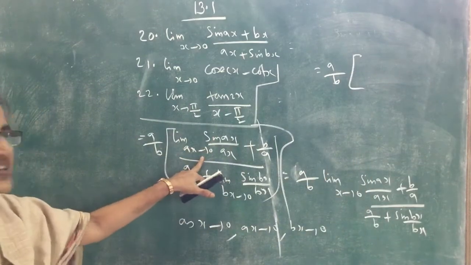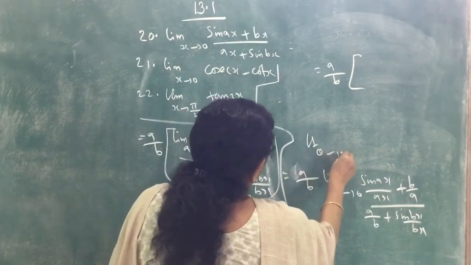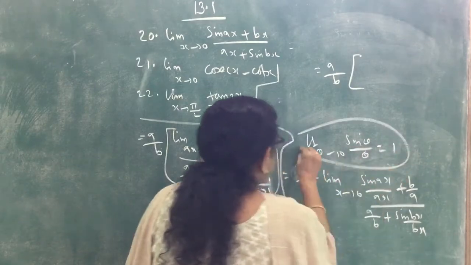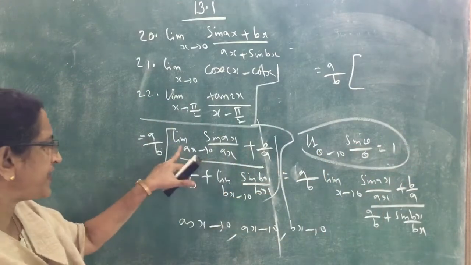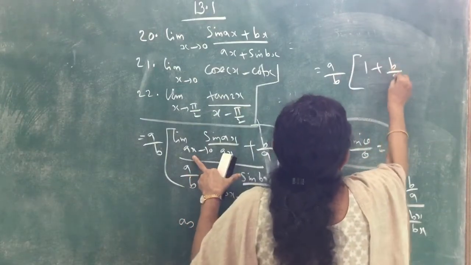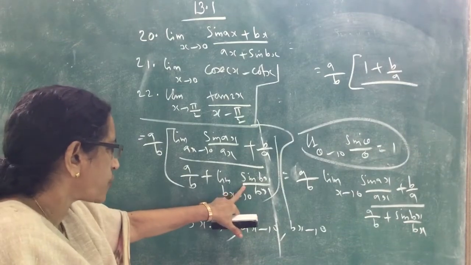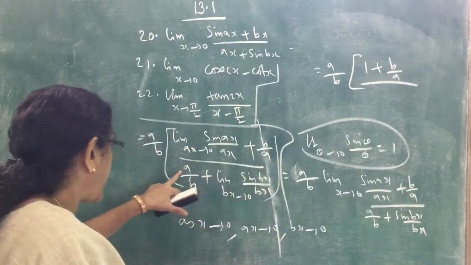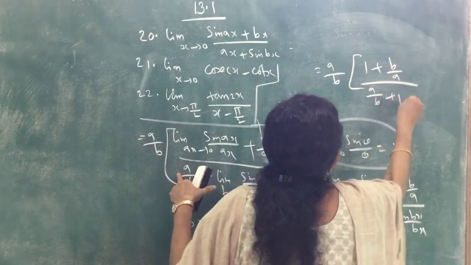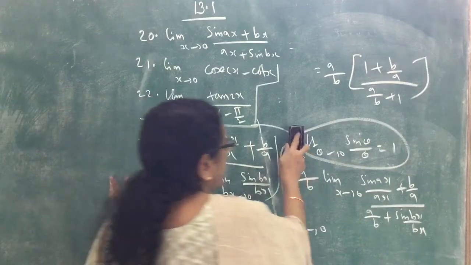This limit is in the standard form: limit theta tends to 0, sin theta by theta equals 1. So we can apply the standard limit, and we get this limit equal to 1. So (1 plus b by a) whole divided by (a by b plus this limit, also 1 in the standard form). Now we can simplify and we get the answer.